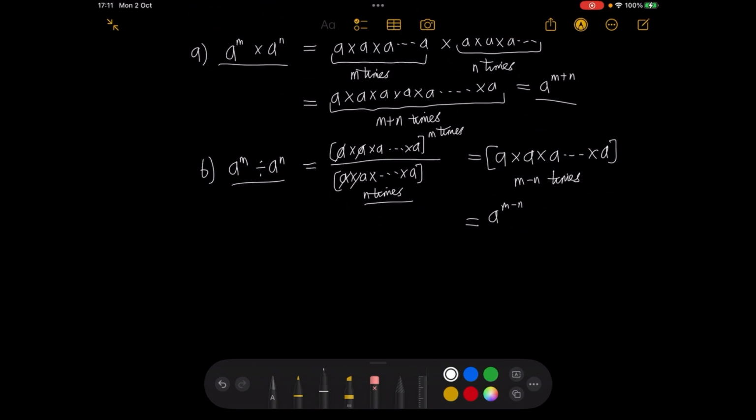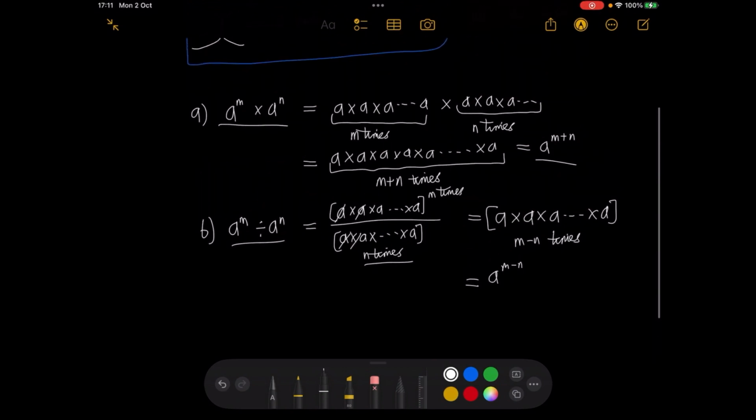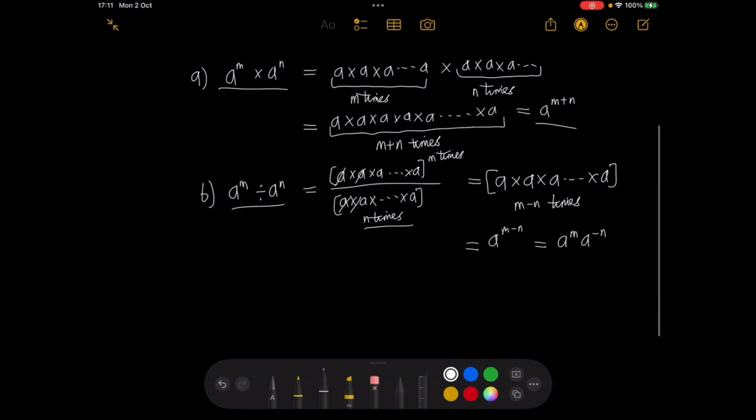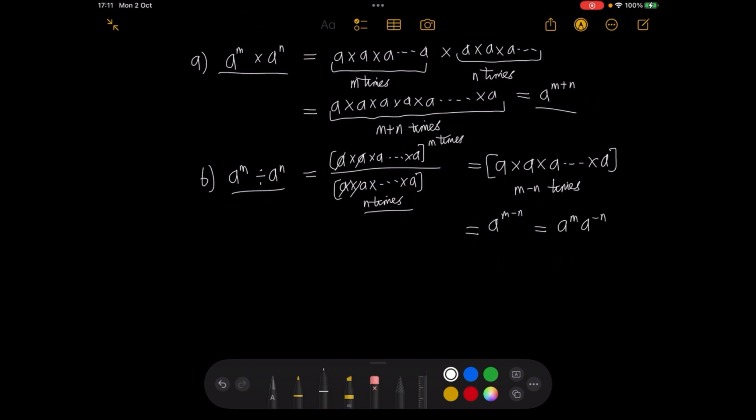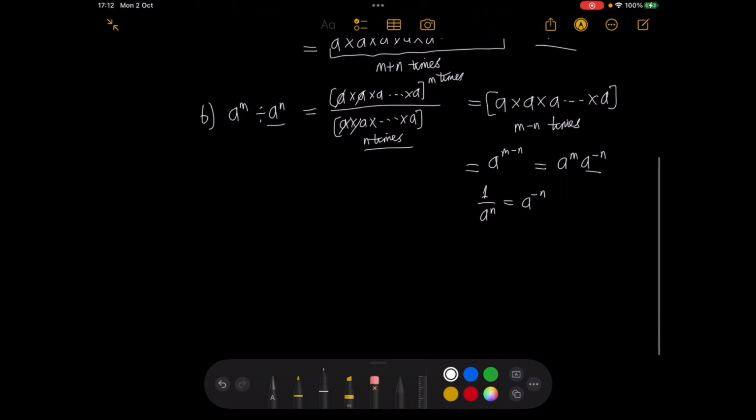And interesting here is that using the first rule, we can write this as a to the m times a to the minus n, and then equating this term and this term, we see that 1 over a to the n is equal to a to the minus n. That's an interesting result as well, and that will be important later on.